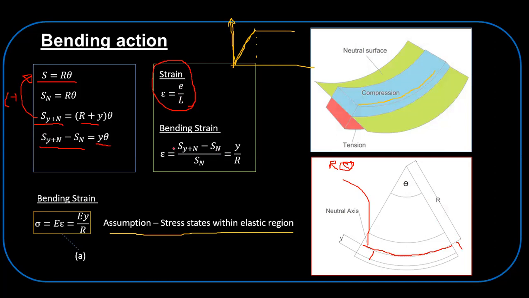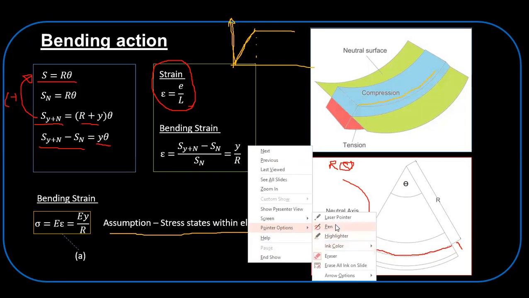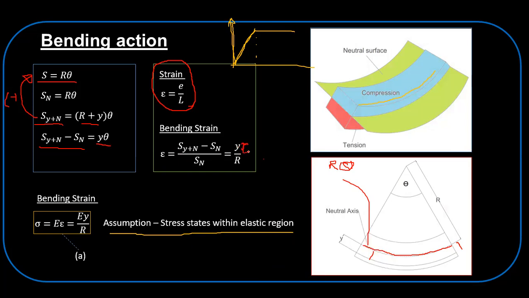The change in length was y theta, and the original length was r theta, so theta gets cancelled. The strain becomes y over r. This is the bending strain.